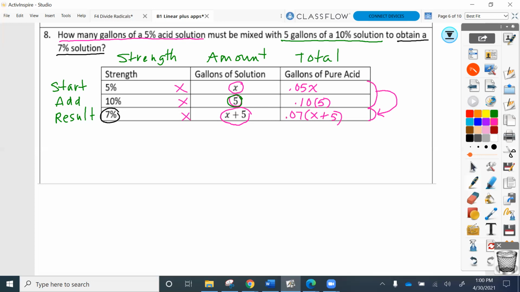So 0.05 X plus 0.10 times 5 has to equal the resulting solution, right? Because you started with 5%, you added some 10%, and now you have a final solution, which is going to be 7%. So they must equal.